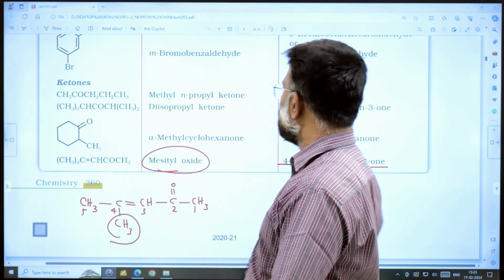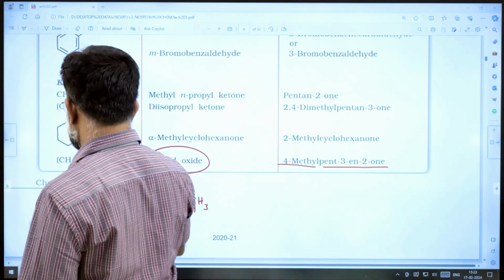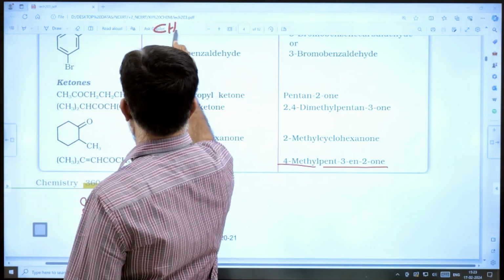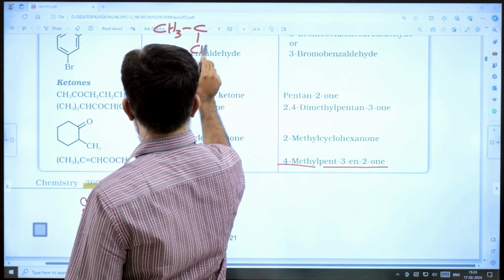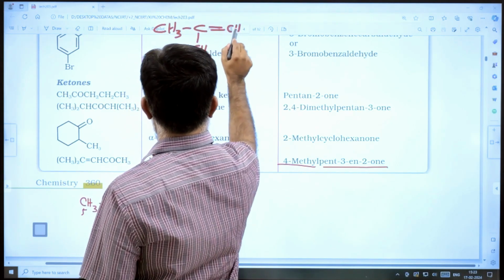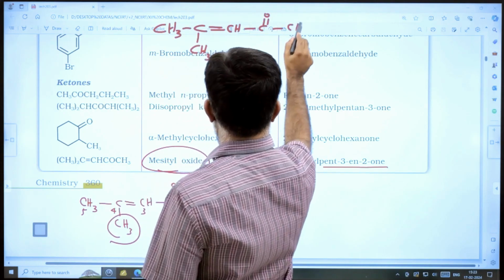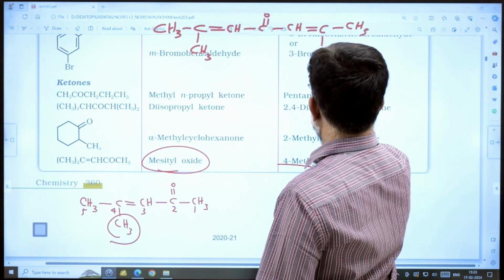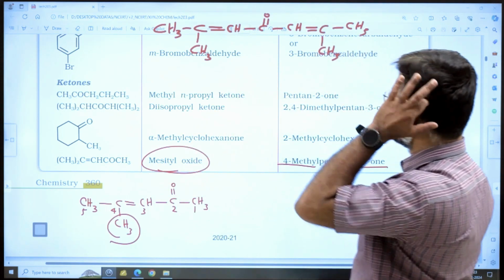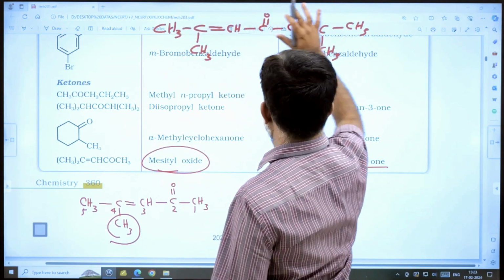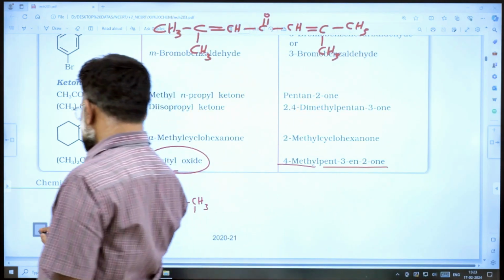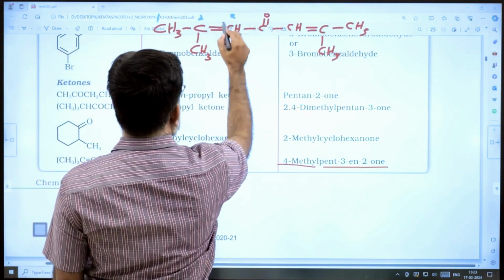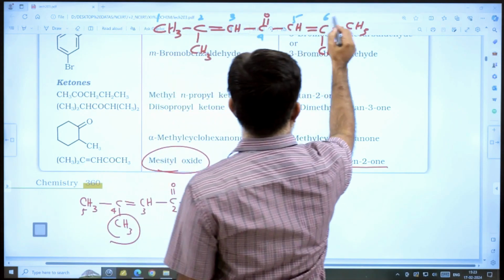There is another molecule when three molecules of acetone condense linearly. You get CH3, CH3 double bond CH, COCH, a similar system repeated here. That is three molecules of acetone condensing: one acetone, two acetone, third acetone. And look at the molecule. It's a symmetric molecule which can be numbered from either side. 1, 2, 3, 4, 5, 6, 7.